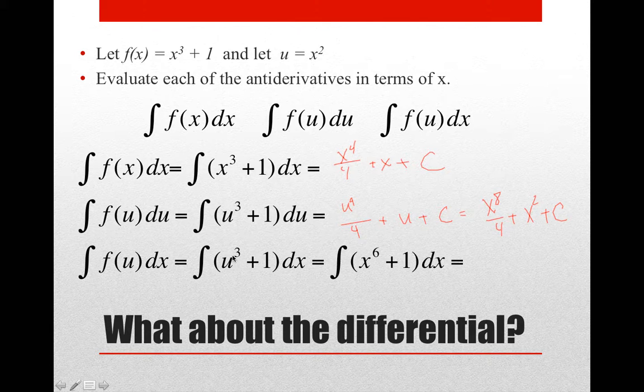So here I would have u cubed, and I plug in x squared for u, so I get x squared cubed, which is x to the 6th. Integrating that gets x to the 7th over 7 plus x plus c. So notice the three different statements that look a lot alike all have three different answers, all based off of what the differential was and what the question was asking.